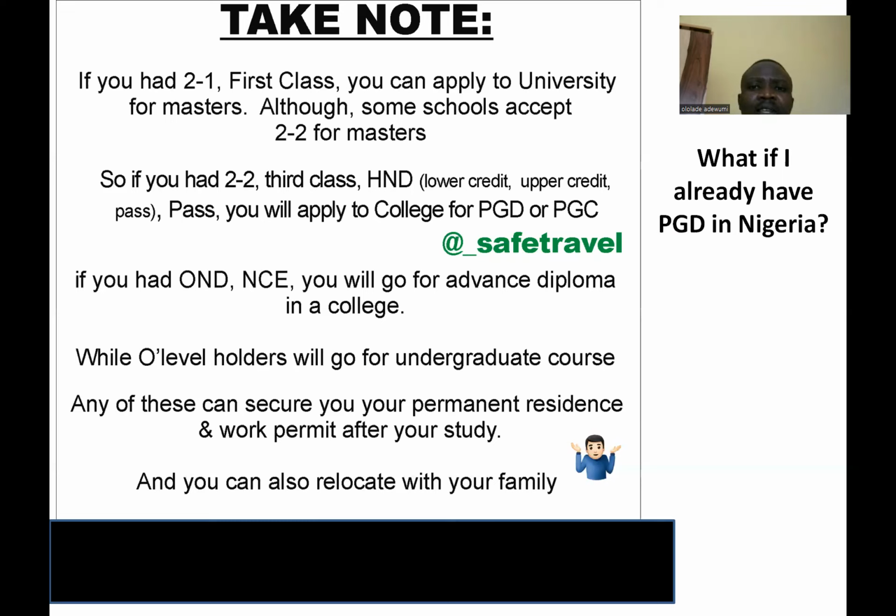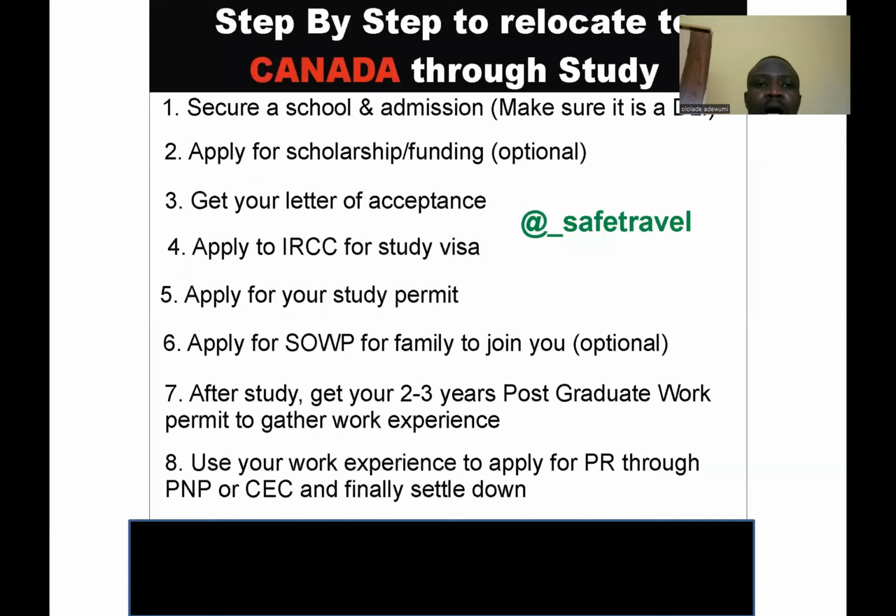But I want you to know that if you have any of these, maybe 2-1, 2-2, BSc, HND, OND, O-level and all of that, all of these can secure you your permanent residence. You can relocate with your family, and you can work in Canada after your study. You can settle in Canada and become a permanent resident if you have any of these.